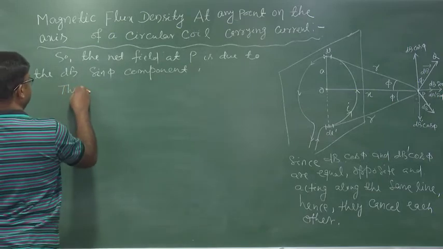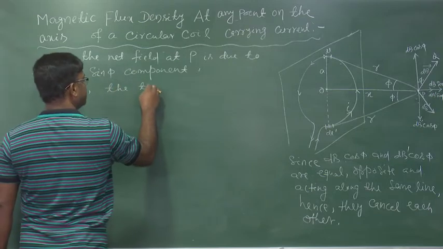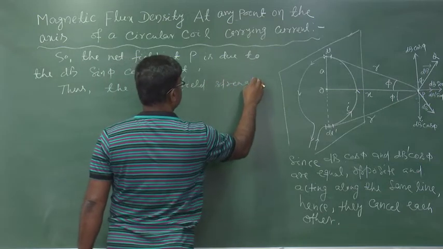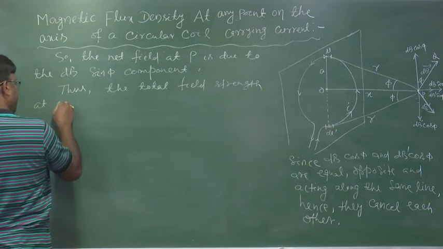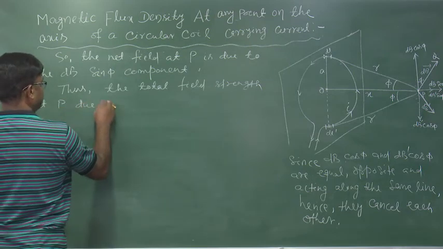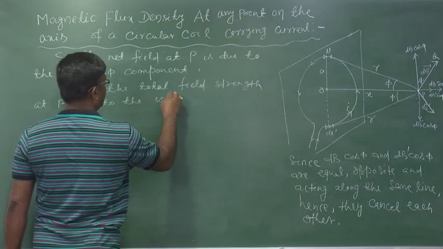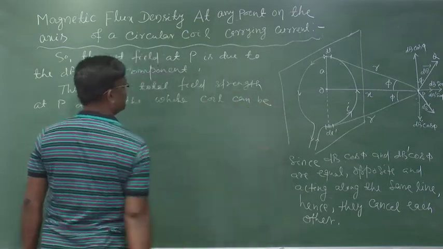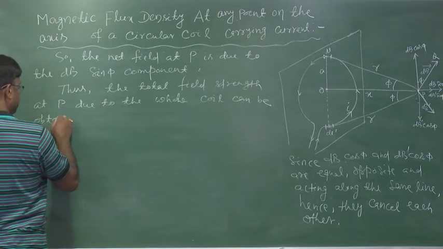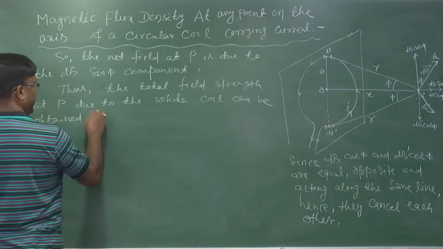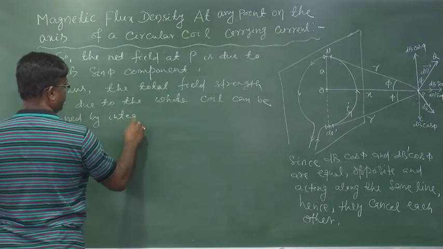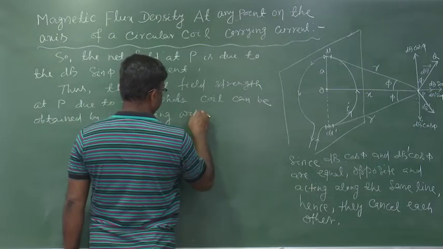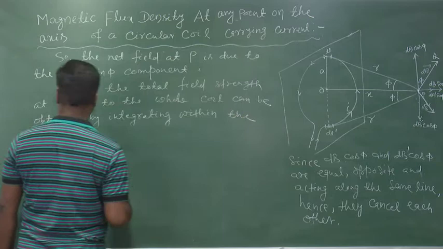Thus, the total field strength at P due to the whole coil can be obtained by integrating within the proper limits.